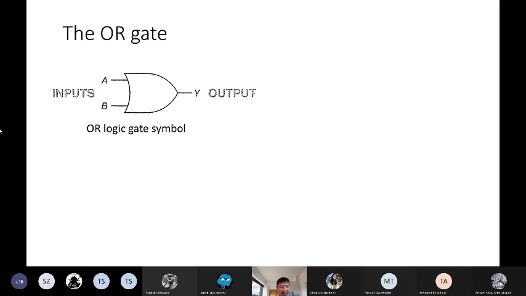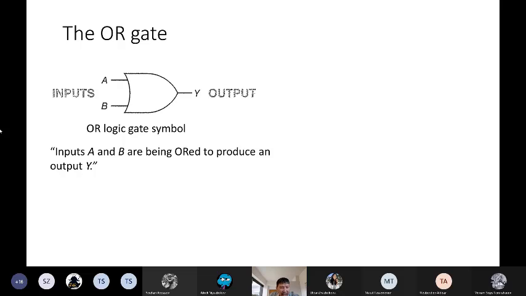So here is the symbol of the logic gate. The OR gate has this kind of symbol that we represent in a circuit. You should also memorize the AND and OR gates. So please draw it, memorize that the OR gate has this symbol.